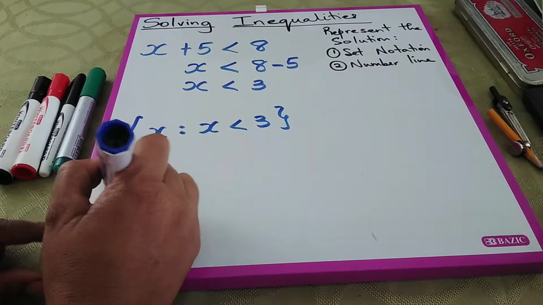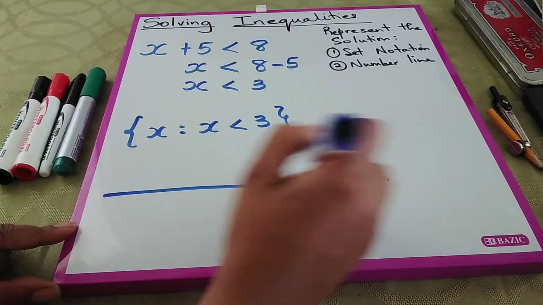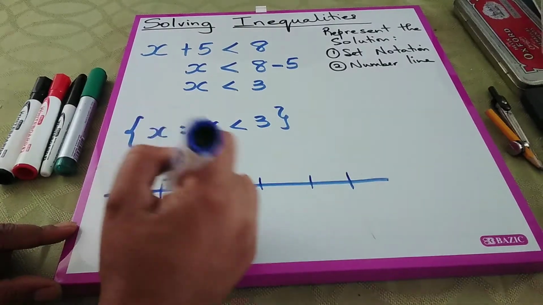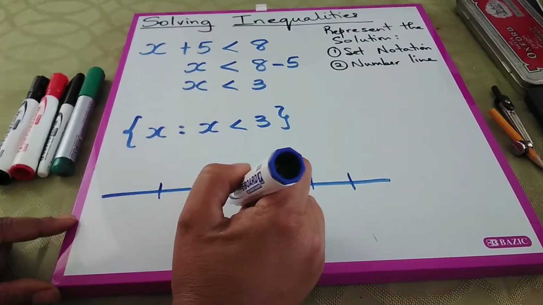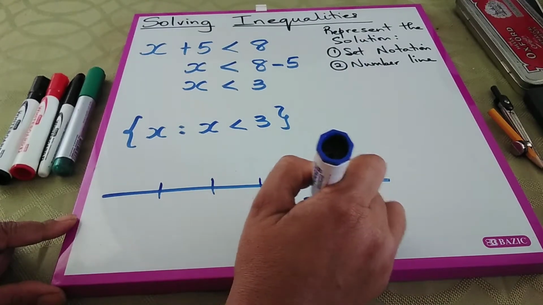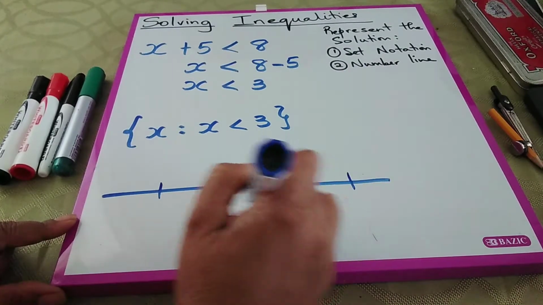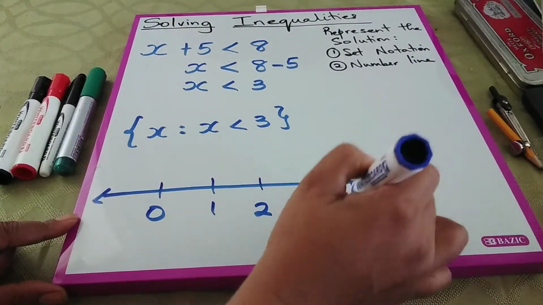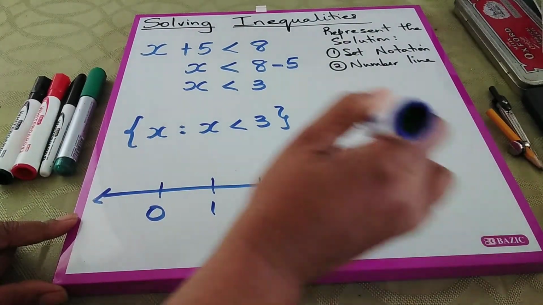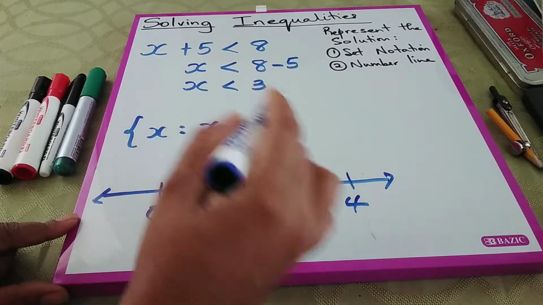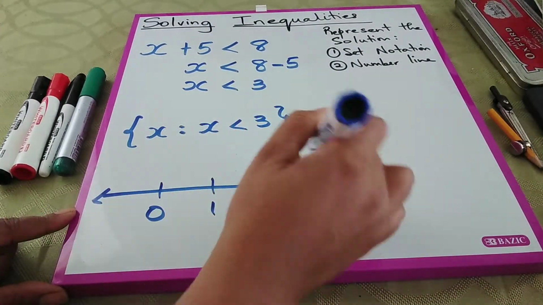And on the number line, we don't need to draw much. So it is less than 3, so I'll put 3 here. We have 2, 1, 0. Show the arrows that it extends. And because there's no extra line at the bottom, the bar at the bottom, we won't shade the circle.